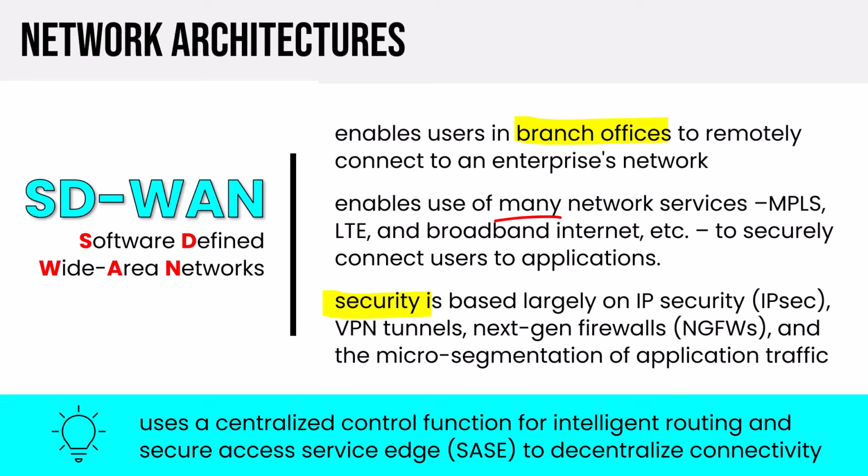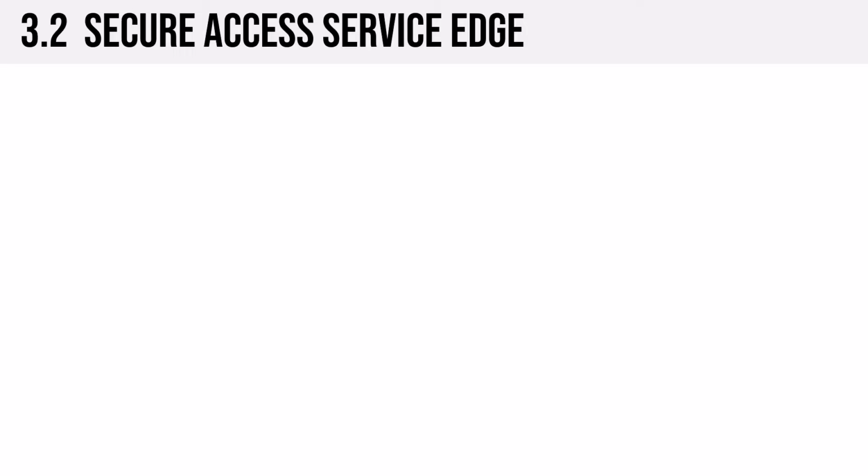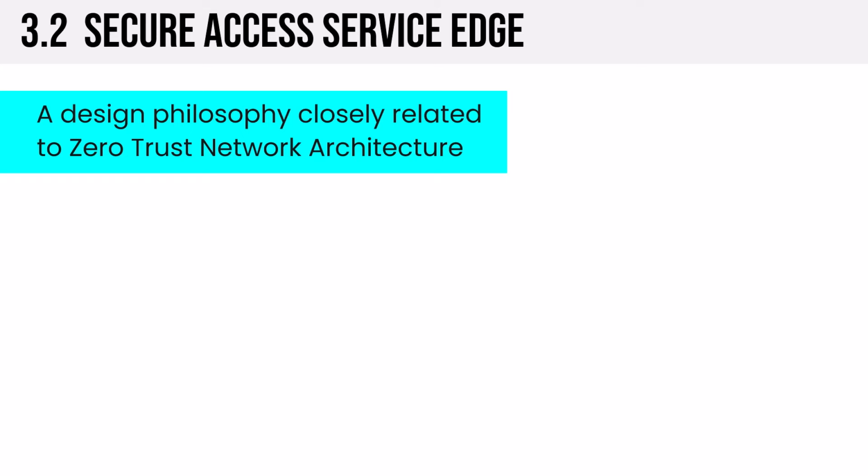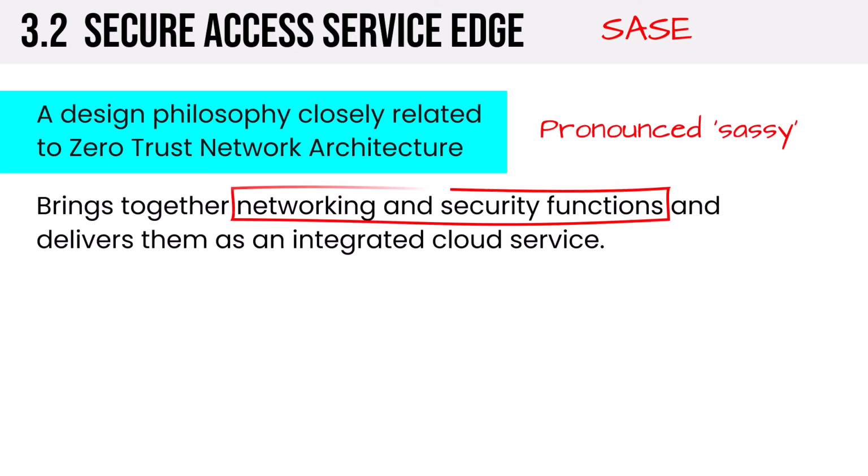So let's unpack secure access service edge, as this is next on the list and a fairly recent concept in the world of wide area networks and cloud. Secure Access Service Edge is a design philosophy closely related to Zero Trust Network Architecture. Abbreviated SASE, pronounced "sassy," it brings together networking and security functions and delivers them as an integrated cloud service.